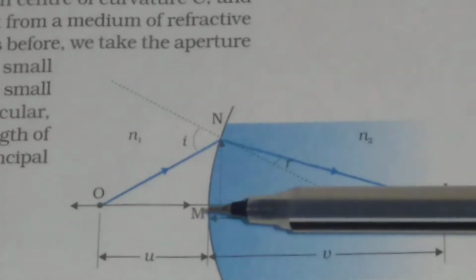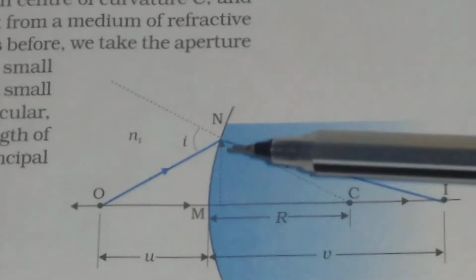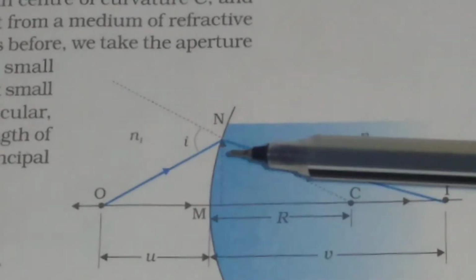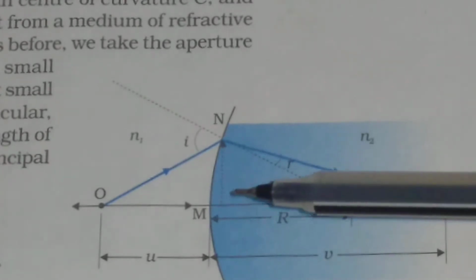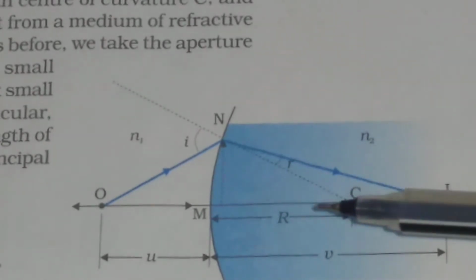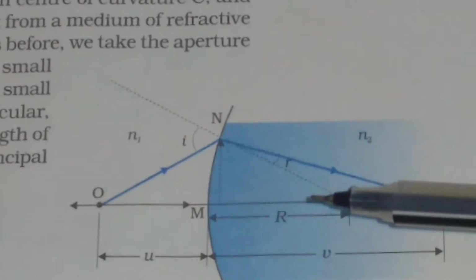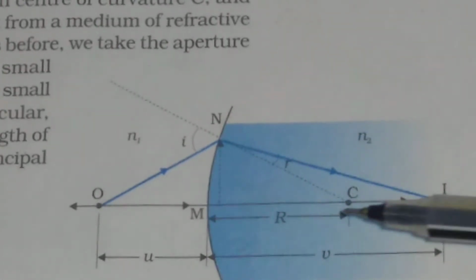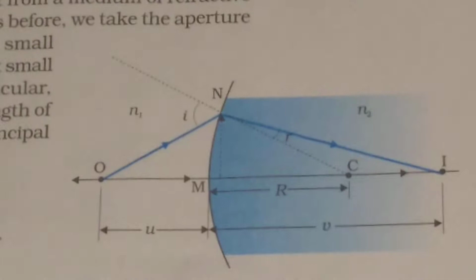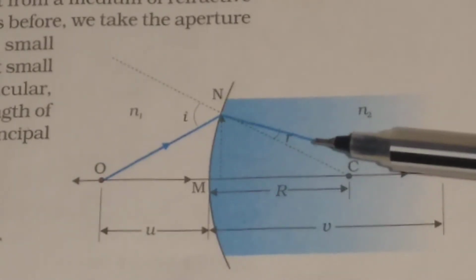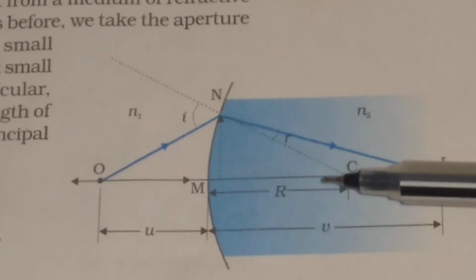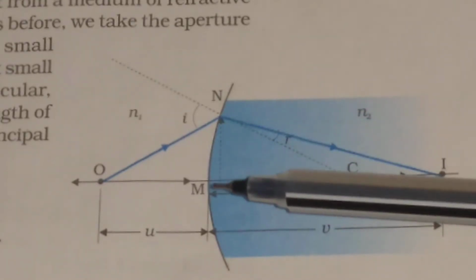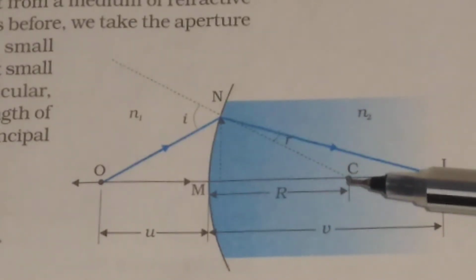Similarly, in the right angle triangle CNM, tan of angle NCM will be equal to NM divided by MC. Or you may write angle NCM equal to NM divided by MC.